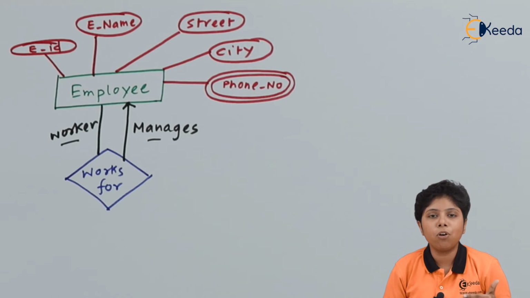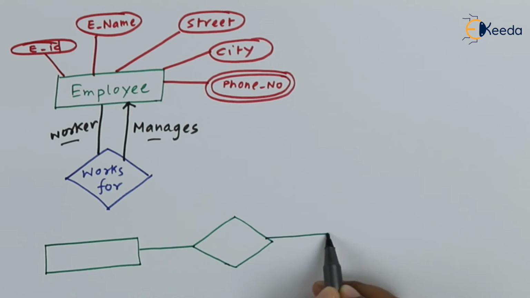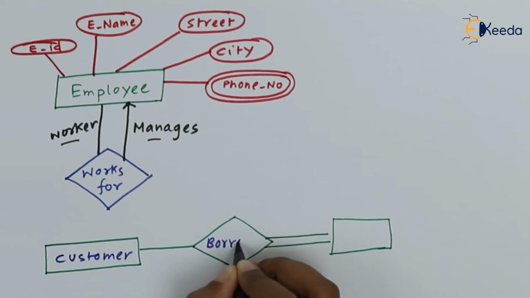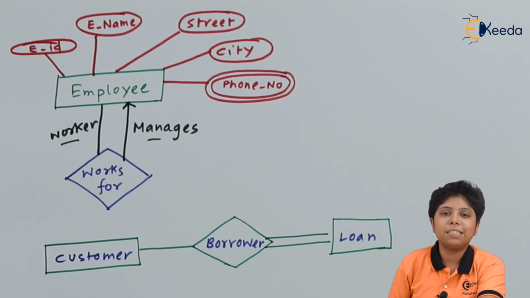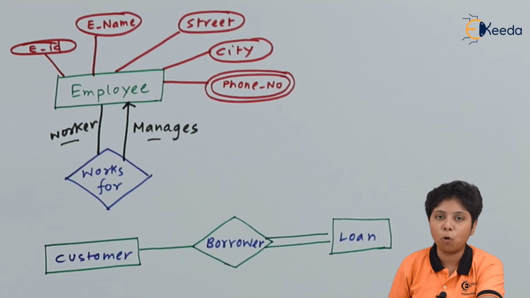So we will now show, as an example of this ERD, how to use total role participation in the customer and loan relation. In this basic ERD, we can see that the loan relation has total participation with the borrower.